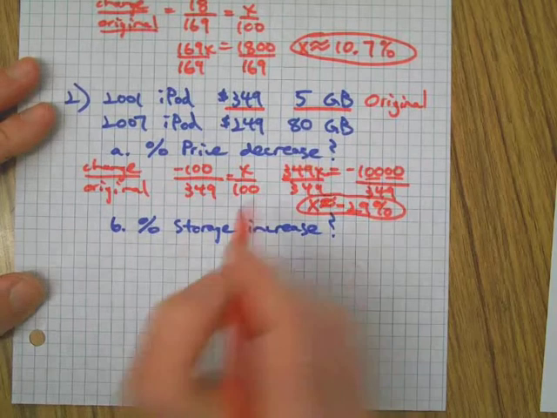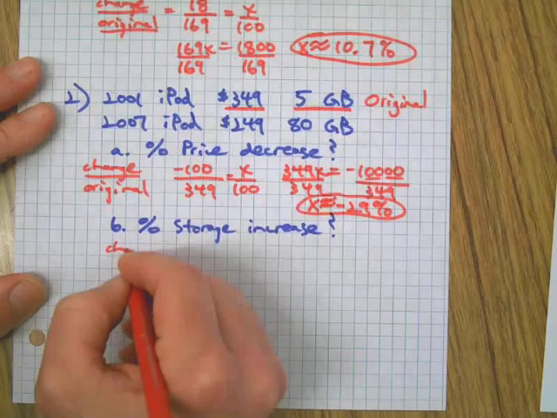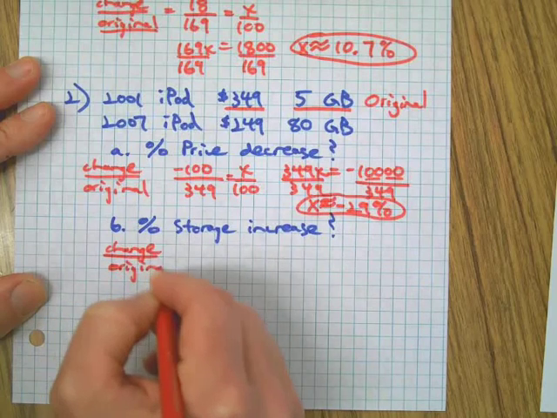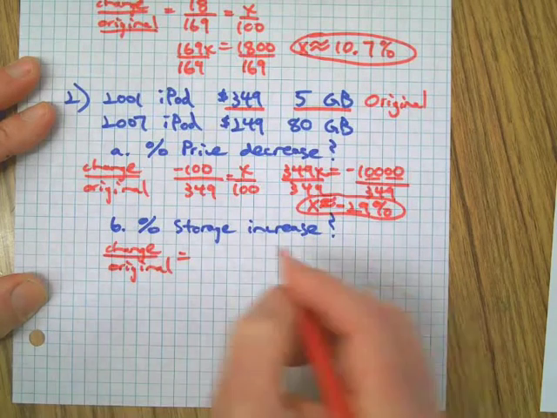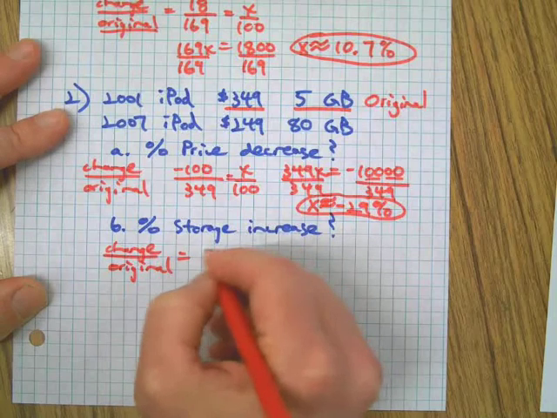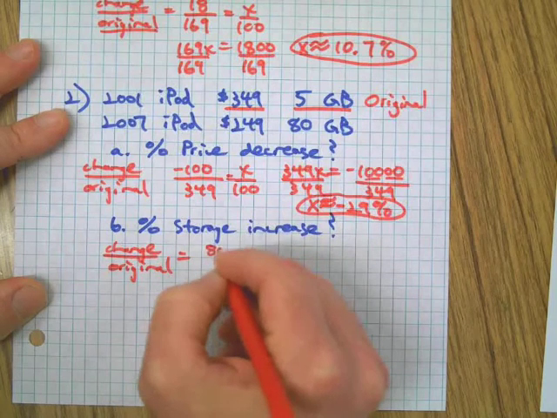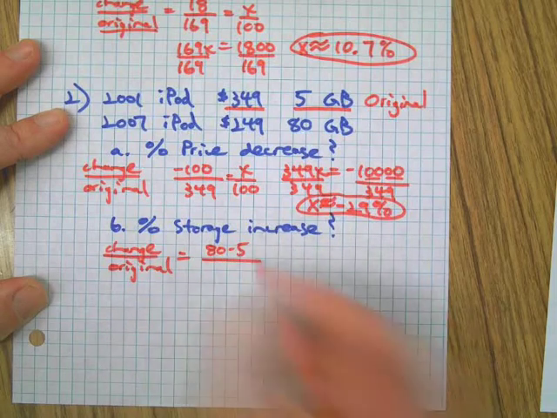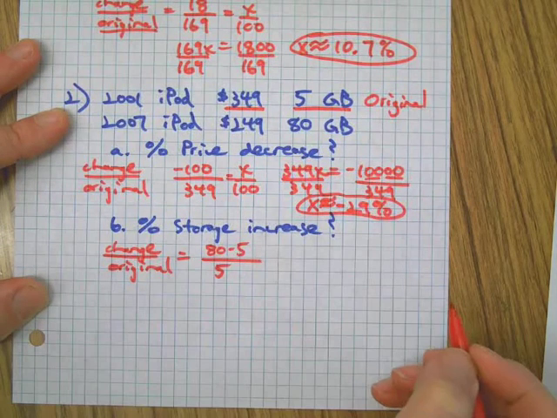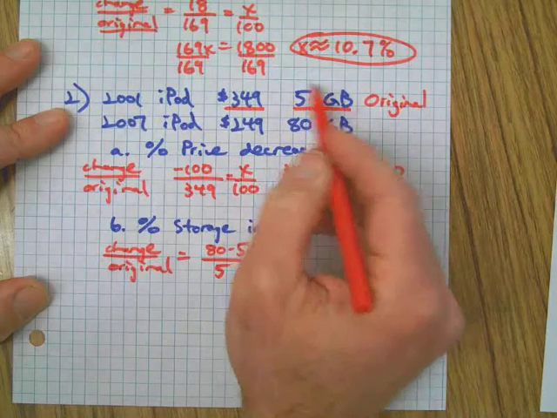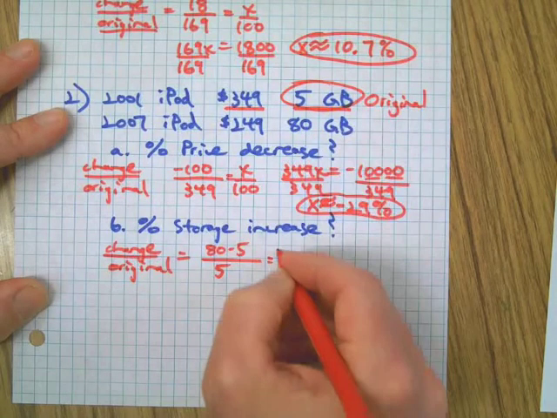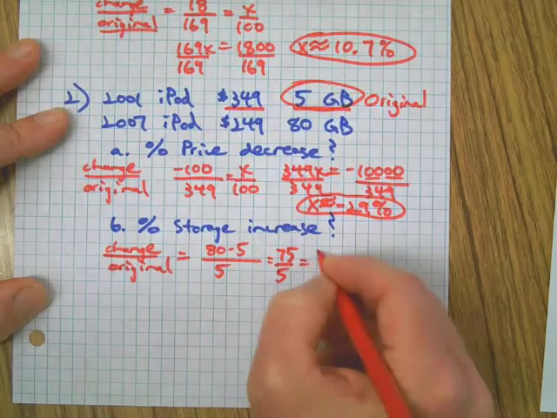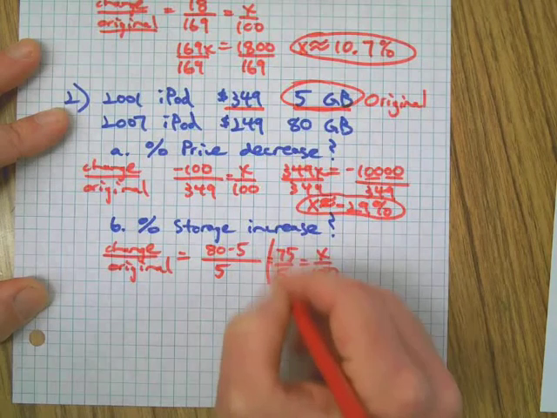Okay. And then finally, let's finish this off with change over original. How much did it change by? Well, the change was 80 minus 5. What was the original? 5. Right? There's the original. Woo! So, 75 is the change over the original.